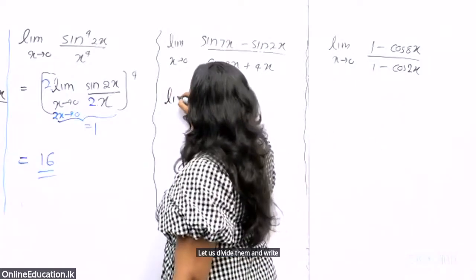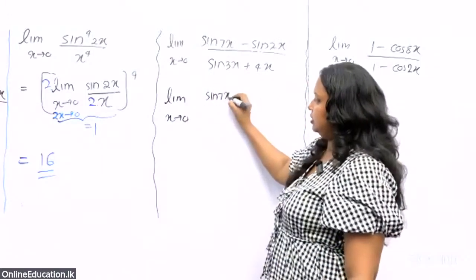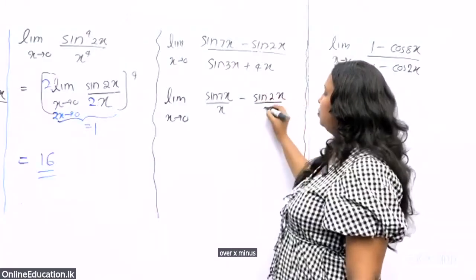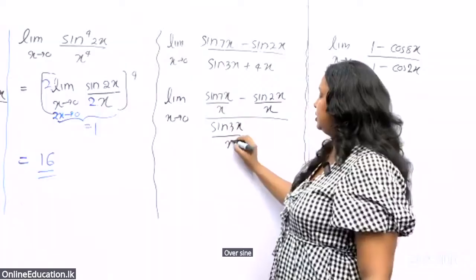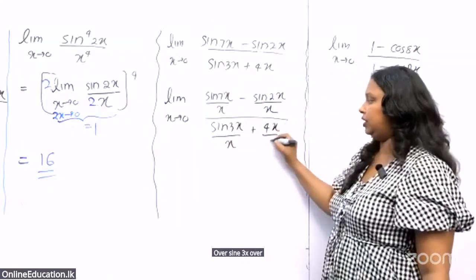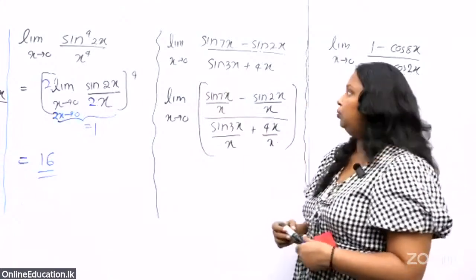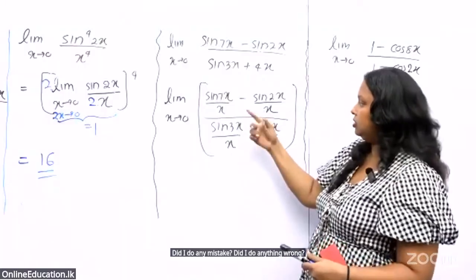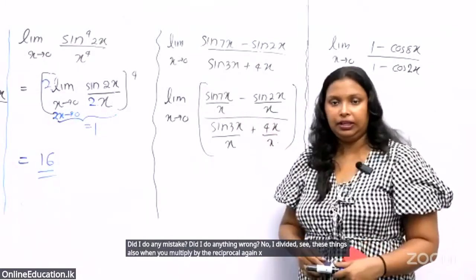See, limits of sine 7x over x minus sine 2x over x, over sine 3x over x plus 4x over x. Clear? Did I do any mistake? No. I divided. When you multiply by the reciprocal, again x and x will get cancelled.